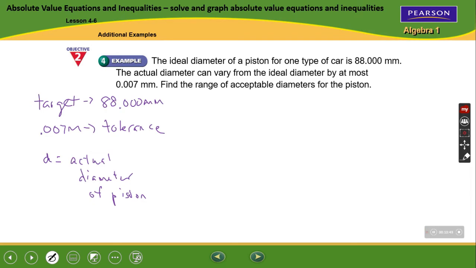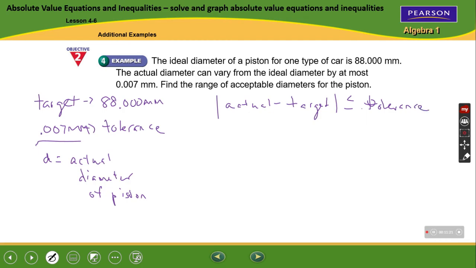So from there, we're going to say, all right, well, what has to happen? What has to happen is that this actual diameter has to be within 0.007 millimeters of 88. So the way you set this up is the absolute value of actual size minus target, and that difference has to be less than or equal to the tolerance.